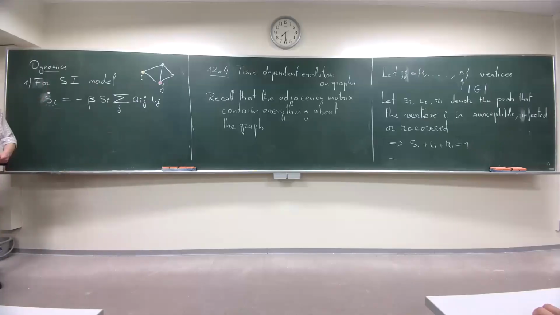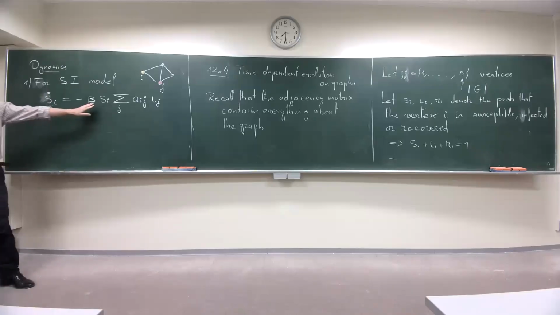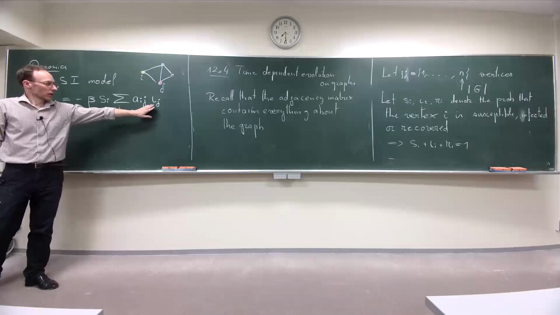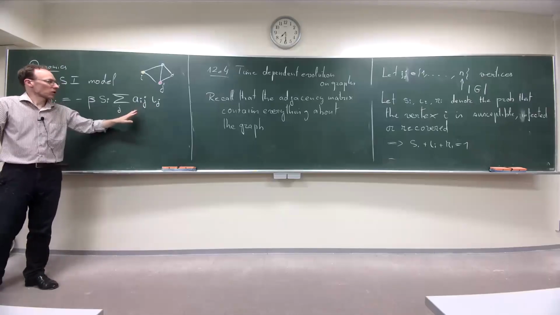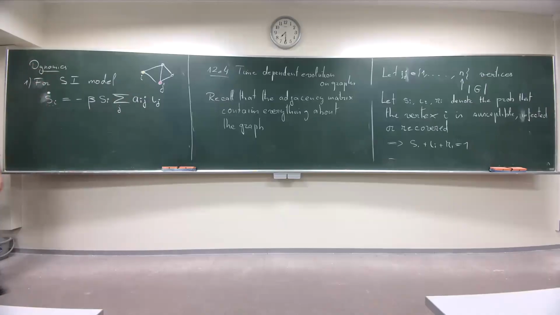So what does it mean? Your probability to change the variation of susceptibility is related to the S itself. It's related to iota, but you have this relation only if there exists an edge in between. Otherwise, no.